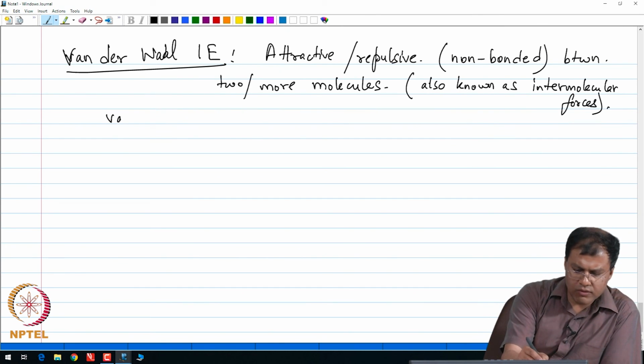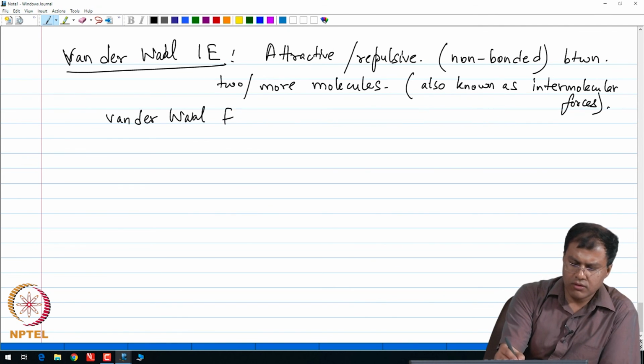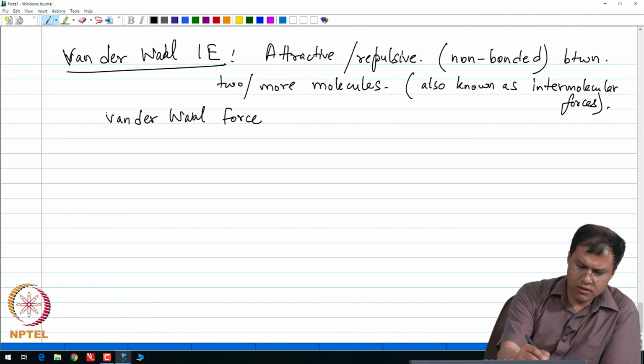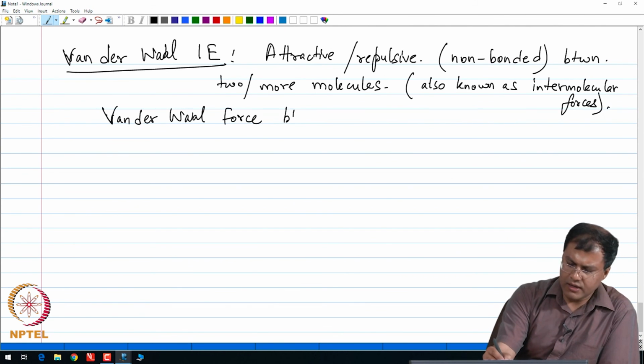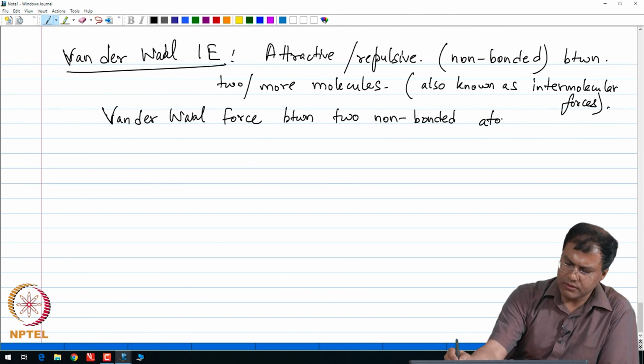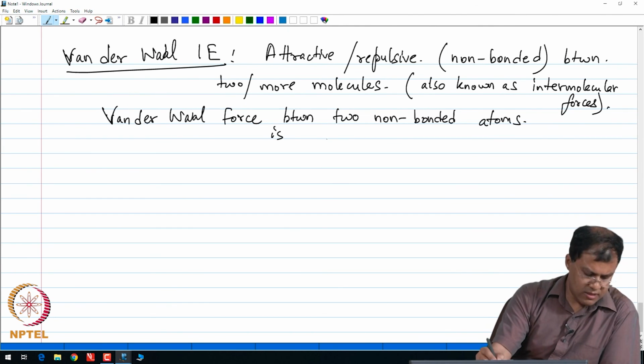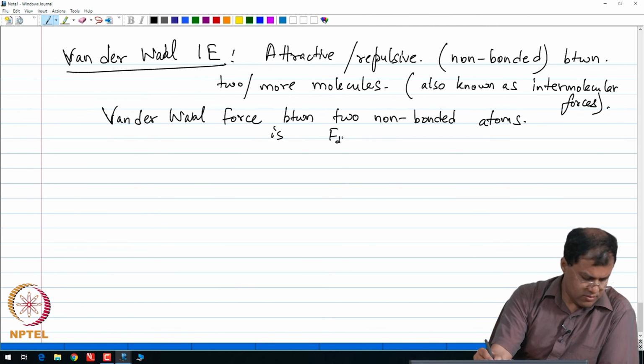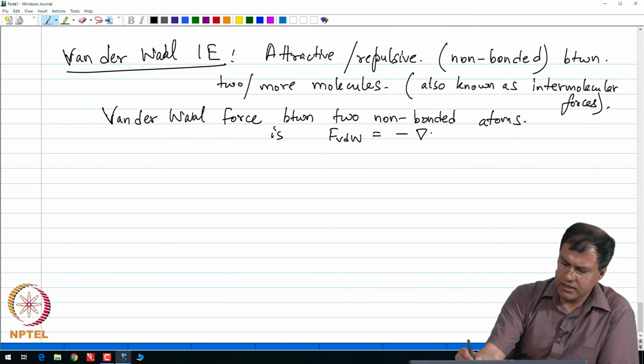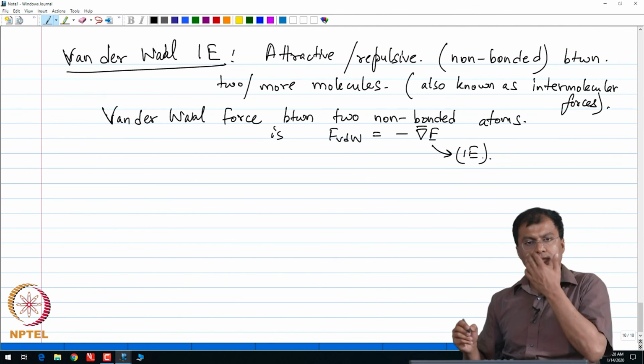My van der Waal force between two non bonded atoms is the gradient of the interaction energy, right, where E is my interaction energy.